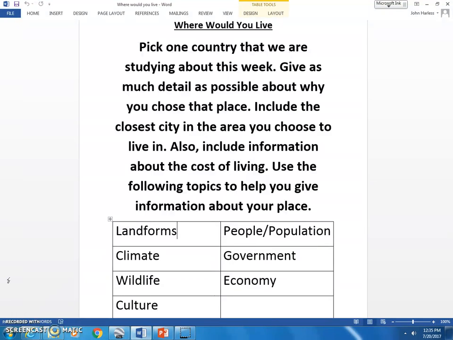Now, whatever region we're doing, if it's South America, Europe, Africa, wherever, you can use the internet. You can use Google Earth to help you research your country.